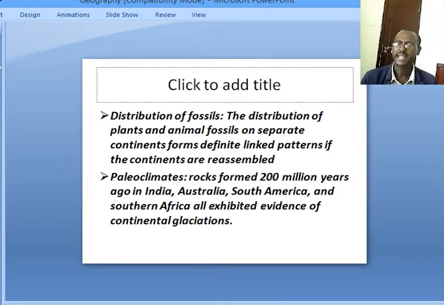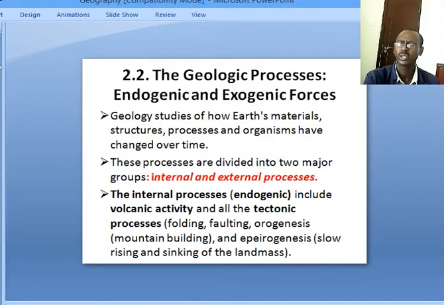The fourth one is paleoclimatic evidence. That is to say, rocks formed 2 million years ago in India, Australia, South America, and Southern Africa exhibit evidence of continental glaciation, meaning a huge cover of glaciation was seen.